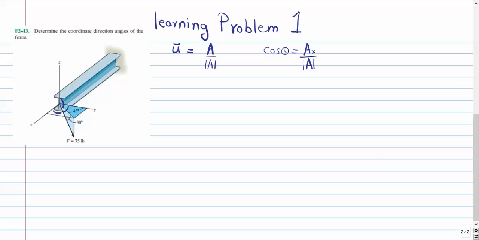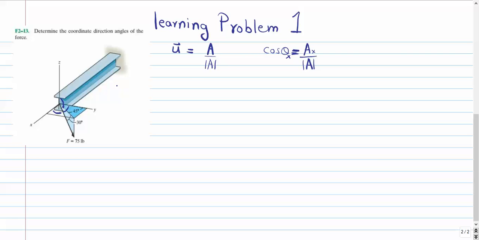Okay, and this is theta x. The angle that the vector makes with the positive x-axis is equal to the magnitude of the component along the x-axis divided by the magnitude of the vector. So I'm going to use this formula, and then you'll get to know this formula more closely. So let's just work with these two formulas for now. Okay, so let's get started.